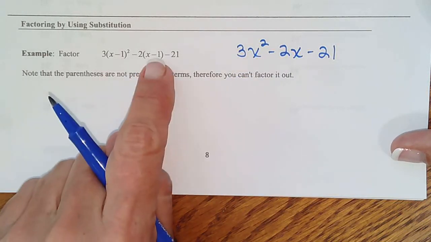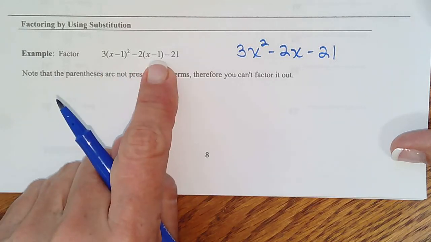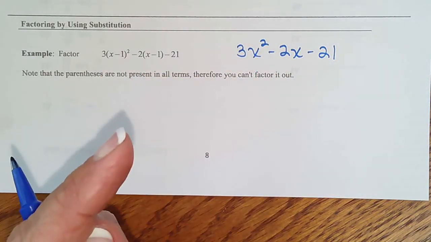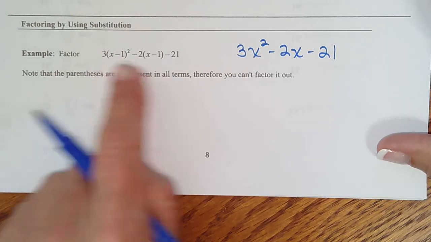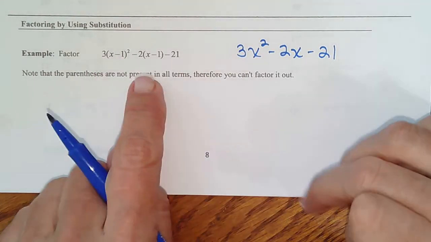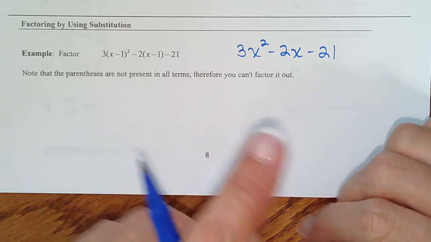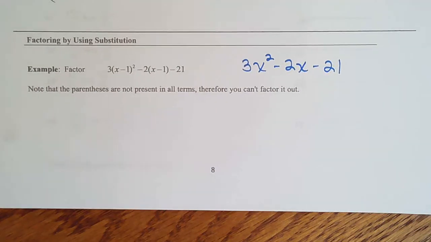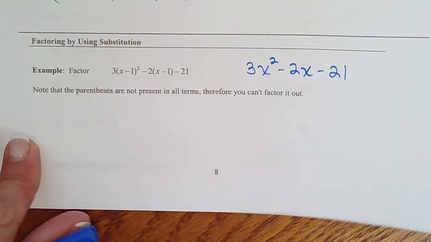So what if we could replace those with something and make it look like that? Then we'd know how to factor it. Because right now, I don't know how to factor this. I could FOIL and multiply by 3 and distribute, but that's a lot of work. So let's look at the next page and see what they tell us about this.